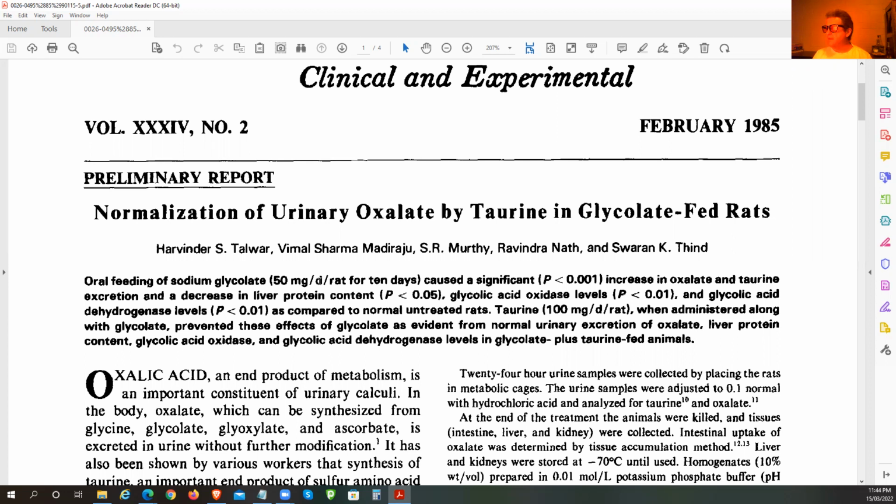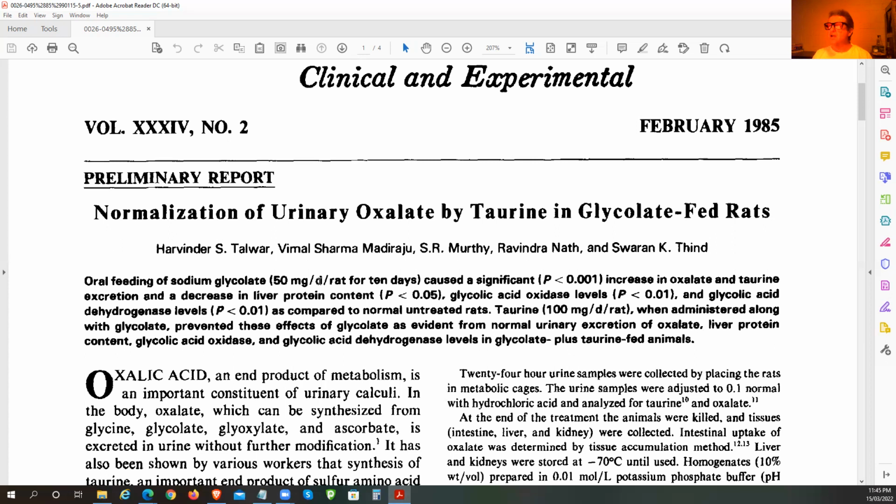Now, the other thing that they did was give taurine, 100 milligrams a day to a rat, and the rat is about 100 grams. So for a 70 kilo person, which is 154 pounds, we're talking about 70 grams of taurine, which is quite a lot.